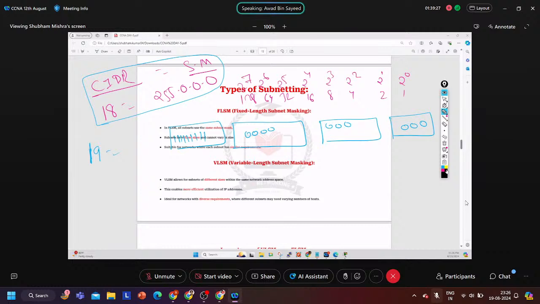The first octet can have only 8 bits. Exactly. Guys, in an octet, maximum how many bits can we write? 8. And right now, how many bits have I written here? 9. So that's the reason it is not correct.